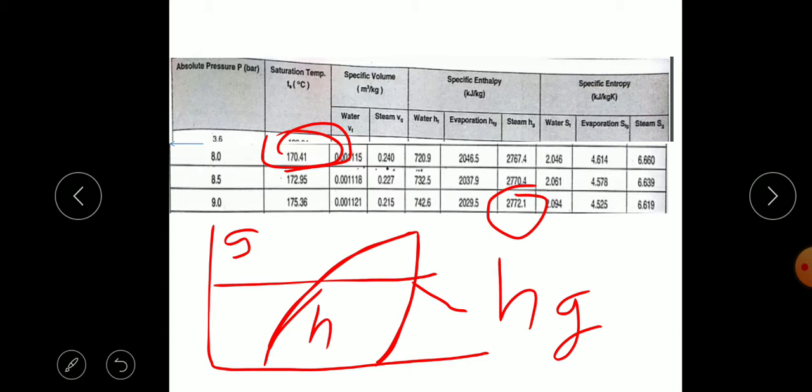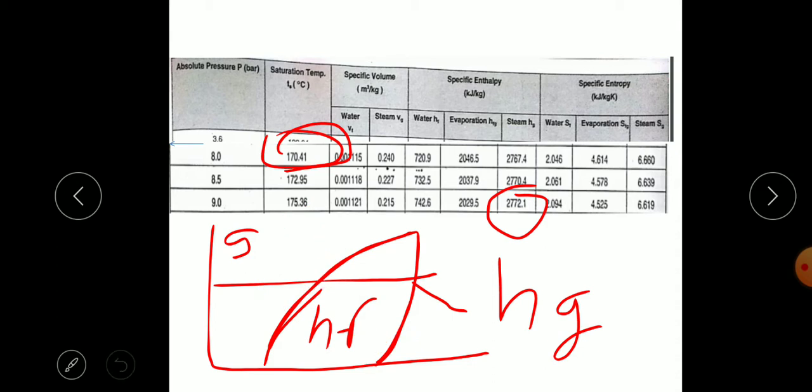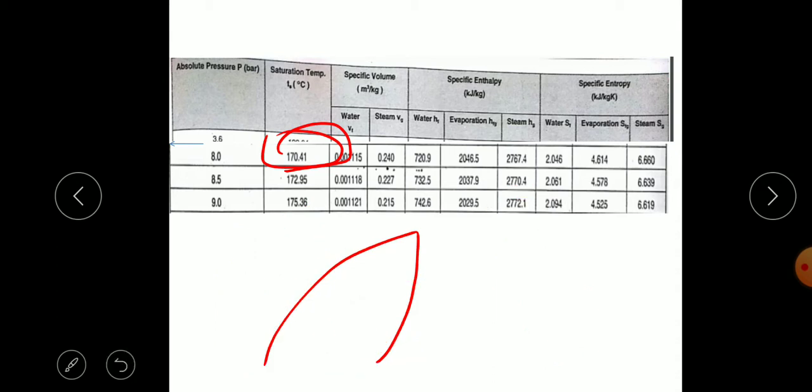This region between them is the Hfg, and at this point is the Hf. So Hf is the liquid enthalpy. Hfg is the vaporization enthalpy, and Hf plus Hfg will be the Hg. That is the total enthalpy of the steam, Hg. So we can find these enthalpies according to the 9 bar pressure given.